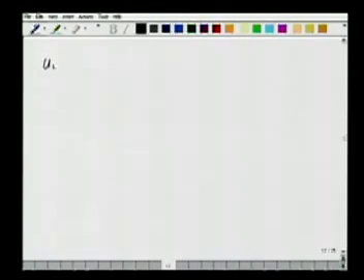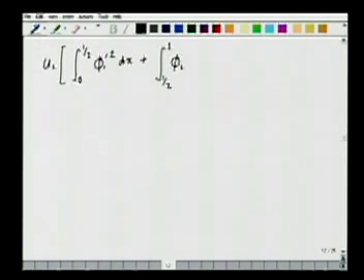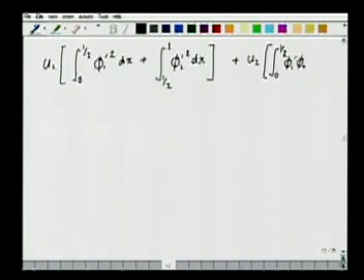The first equation is u1 into integral 0 to half phi 1 prime squared dx plus integral half to 1 phi 1 prime squared dx, plus u2 into integral 0 to half phi 1 prime phi 2 prime dx plus integral half to 1 phi 1 prime phi 2 prime dx.